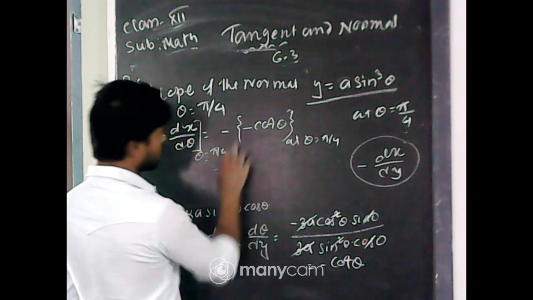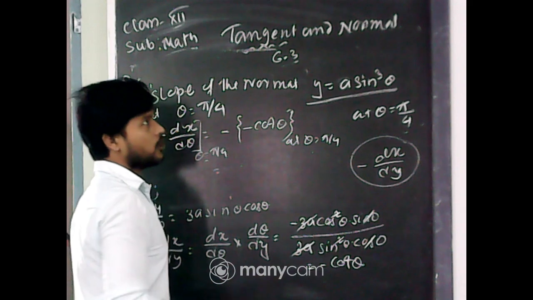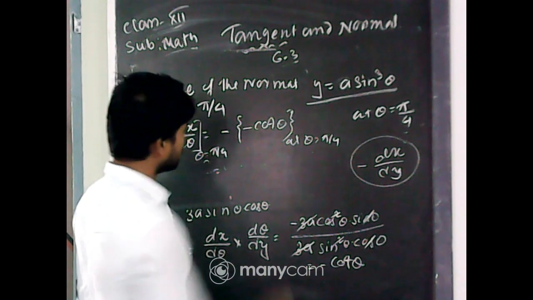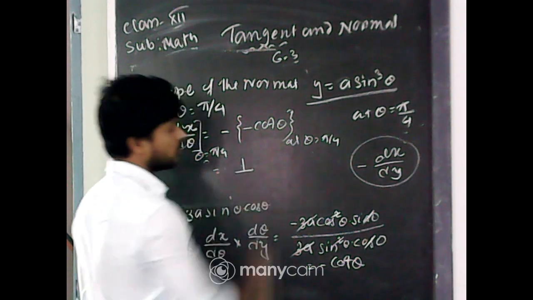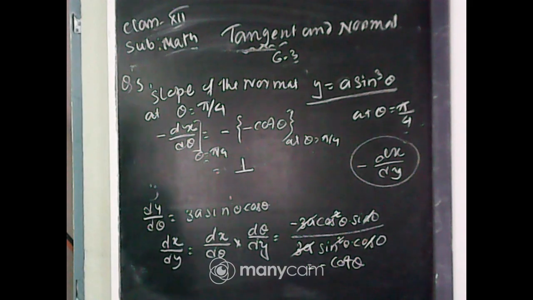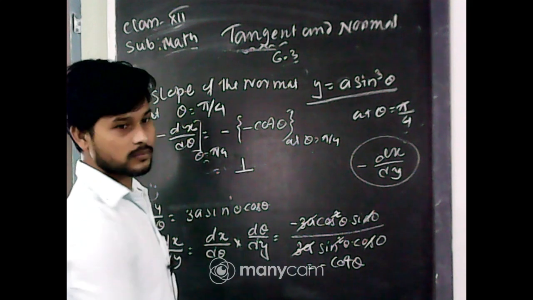So that is equal to cot theta at theta equal to pi by 4. So cot pi by 4 equal to 1. So that is equal to plus 1. So slope of the normal at theta equal to pi by 4 is 1, and hence solved.